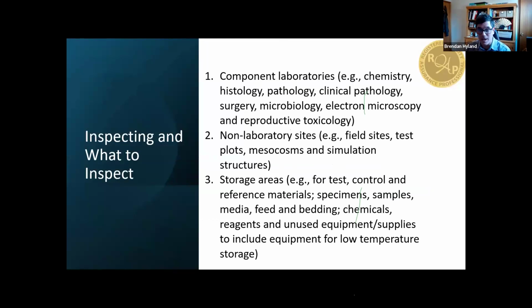Non-laboratory sites, for example, field sites, test plots, mesocosms, and simulation structures. Storage areas, for example, for test, control, and reference materials, specimen storage, samples, media, feed and bedding, chemicals, reagents, and unused equipment or supplies, to include equipment for low temperature storage, right, in all of these places.